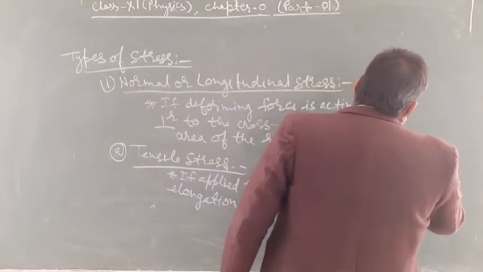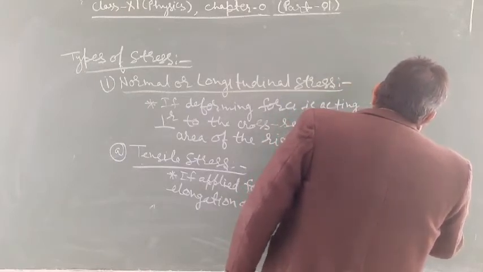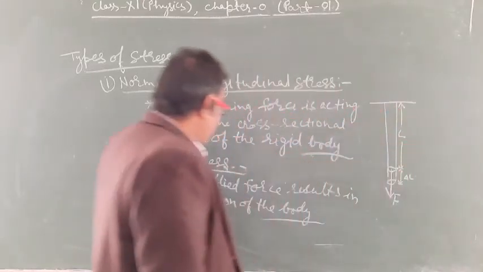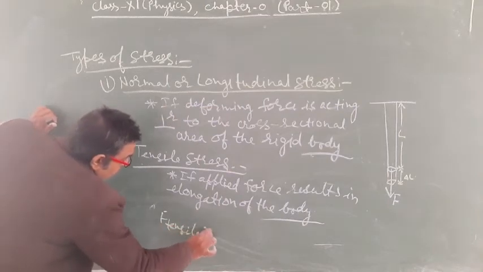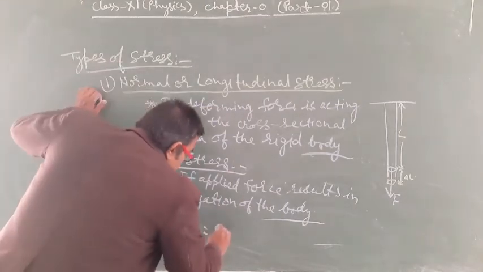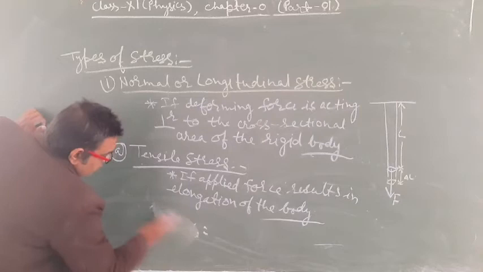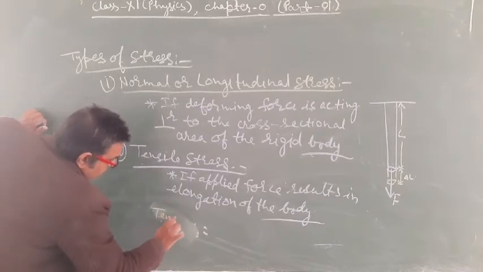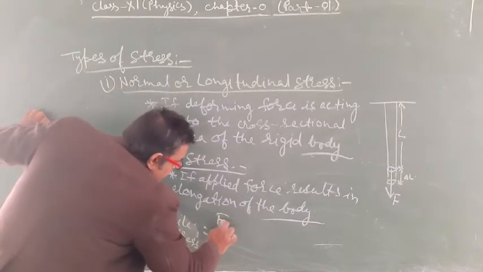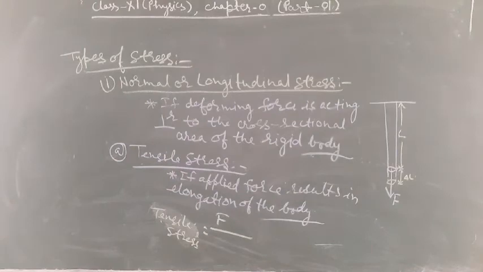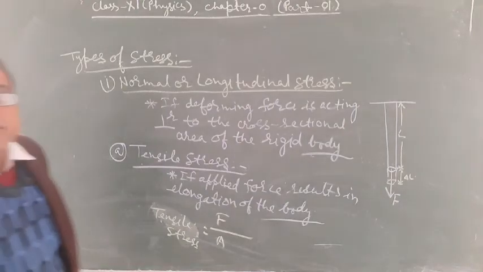If the original length is L, then due to tensile stress it will become L plus delta L. Tensile stress is given as F upon A, force per unit area. This is about tensile stress.